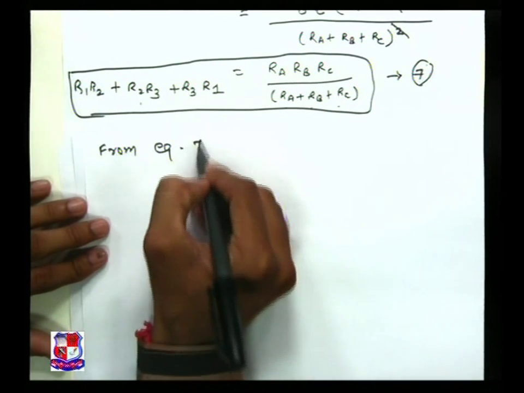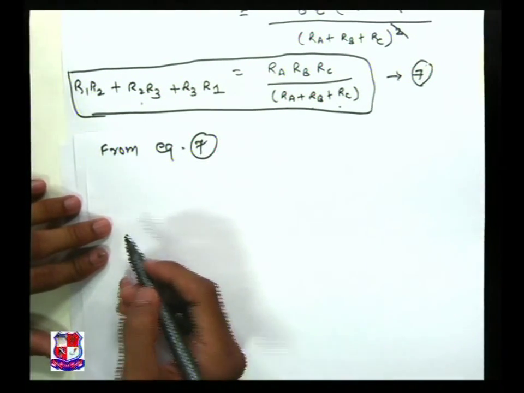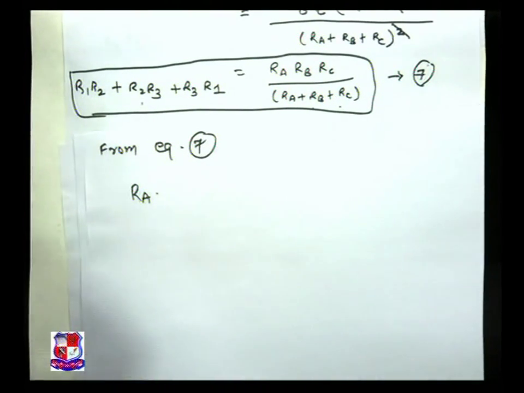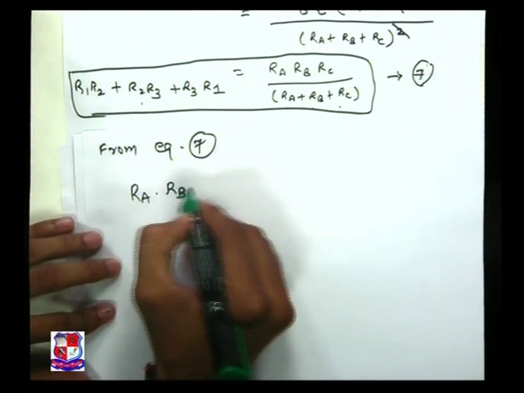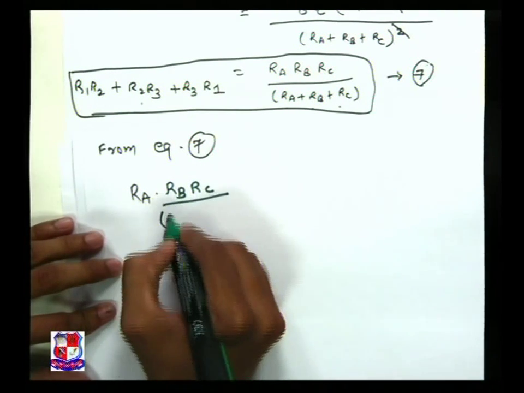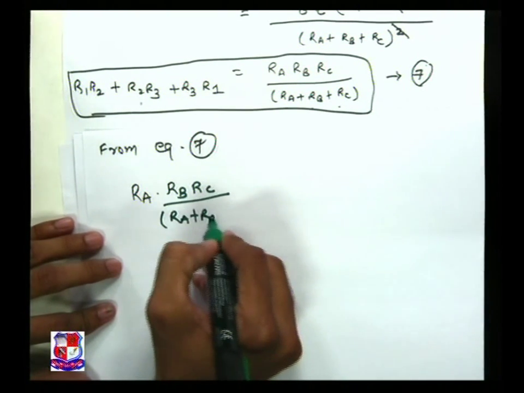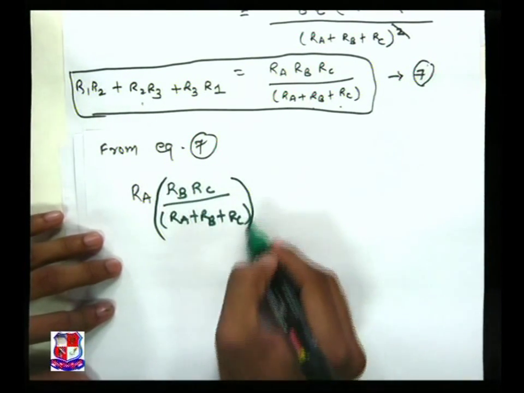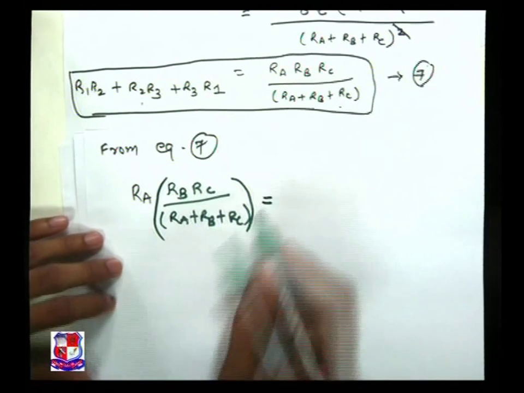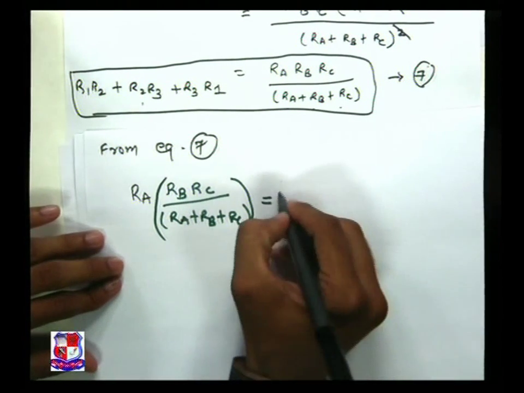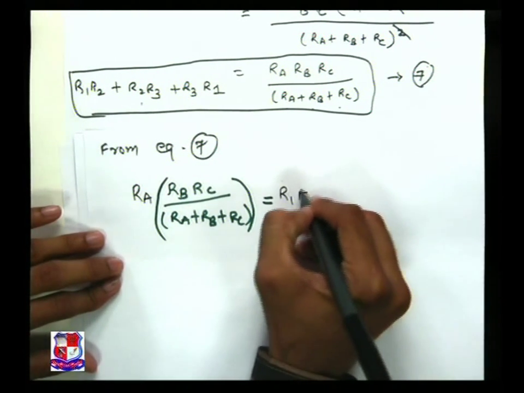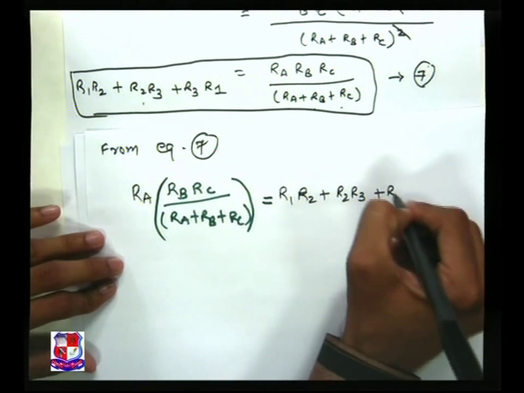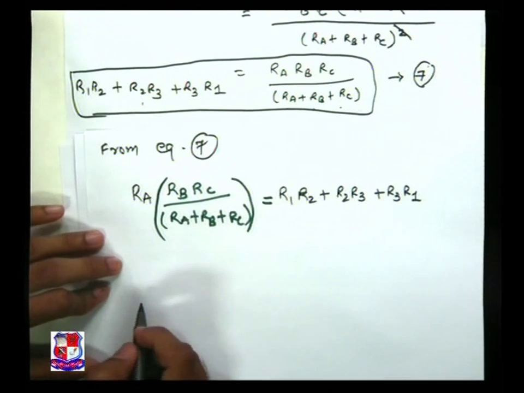From equation number 7 I am taking RA outside, and the second part is RB RC upon RA plus RB plus RC, in multiplication, equal to R1 R2 plus R2 R3 plus R3 R1.